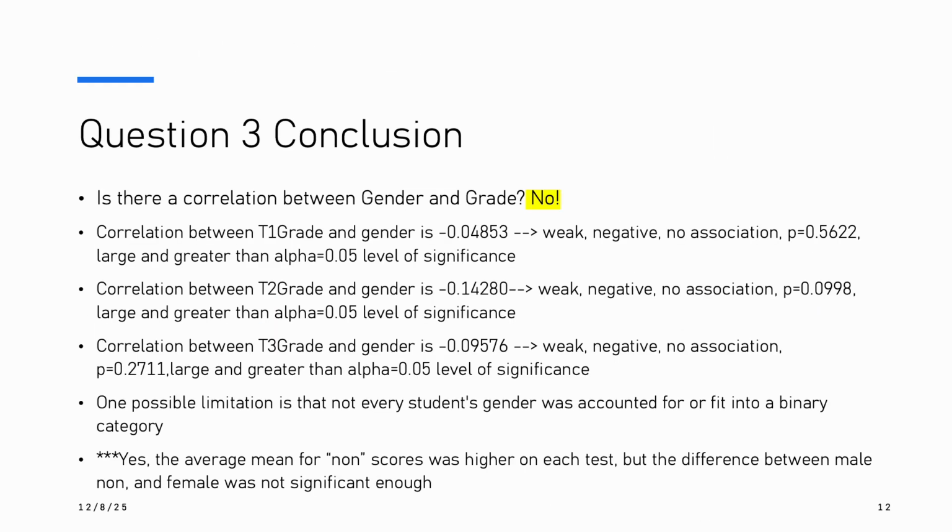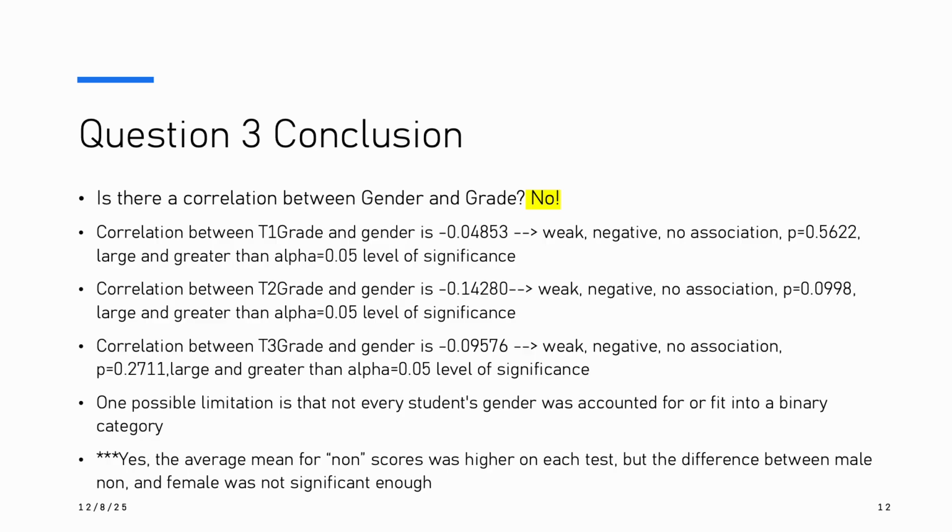Let's conclude question 3. Is there a correlation between gender and grade? No, there's not. The correlation between test 1 grade and gender was negative 0.04583. This is weak, negative, and does not show an association between grade and gender. The p-value was 0.5622, which is large and greater than alpha, which is 0.05 and a level of significance.